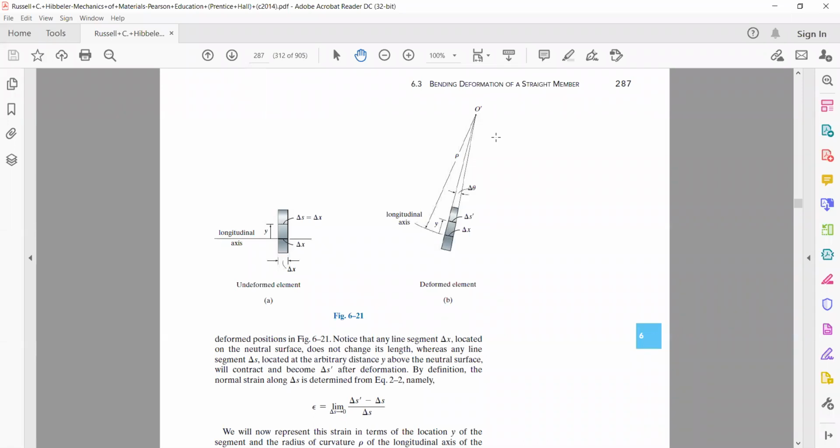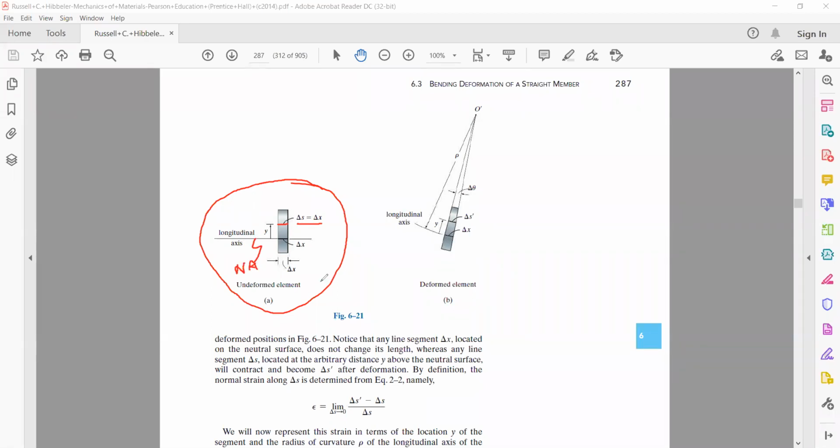I mean to say, we had isolated a section of the beam, and in this section we had located the element of length delta x equal to delta s at a distance y from the longitudinal axis of the beam, or what we also call the neutral axis of the beam.